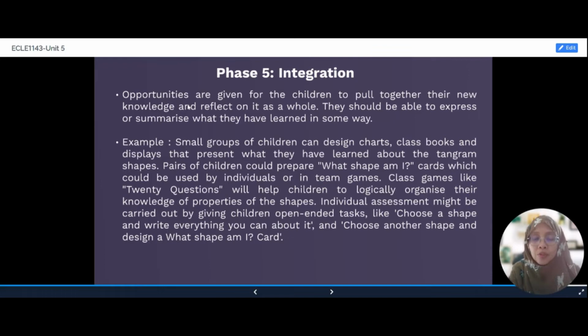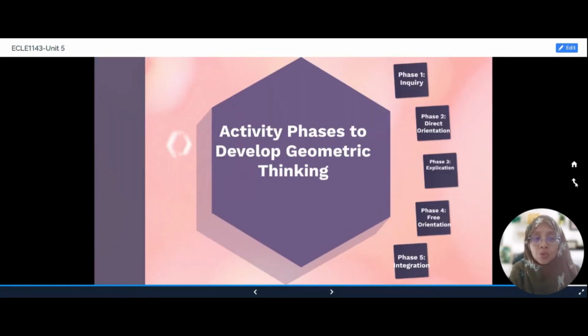For example, you ask them to pick a triangle. Okay, from the shape of the triangle, what can you see from it? Okay, so daripada apa yang dia dah belajar from the free exploration, from the direct guidance, dia akan masukkan data di dalam tu apa yang mereka tahu. So these are the 5 phases that we can do with children to help them develop geometric thinking.